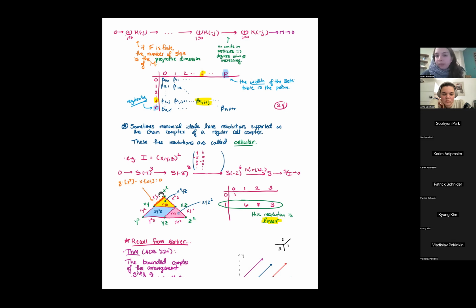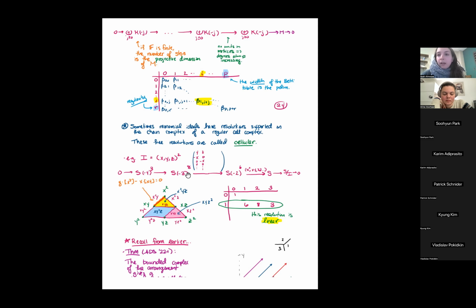So in this small example, I labeled the degrees of each of the generators of each of the free modules. The generators correspond to the basis elements of this free module, so those are the vertices at the first step, and I get 6 vertices.